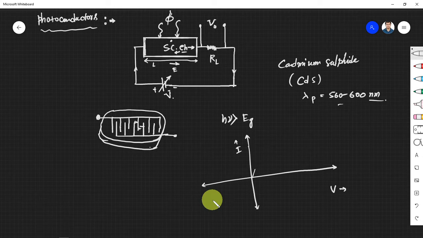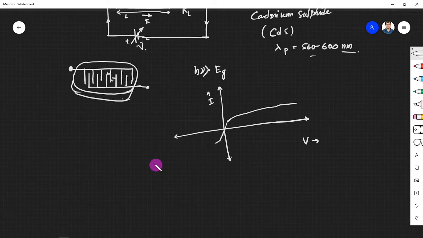You will see that after some time the current will saturate, because whatever thermally generated carriers are there, you are using all of them. It will saturate, and if you apply the voltage the other way, with negative potential, it will be exactly a mirror image.